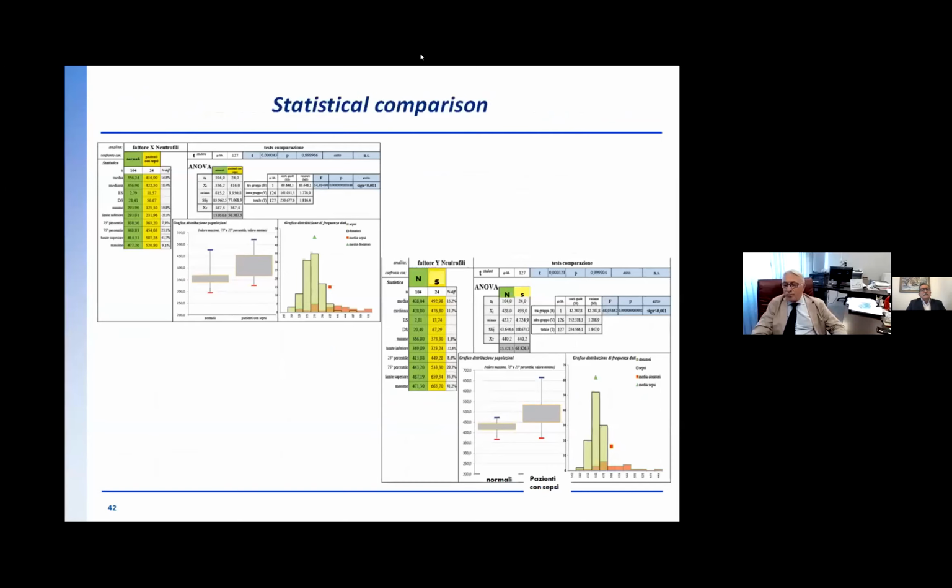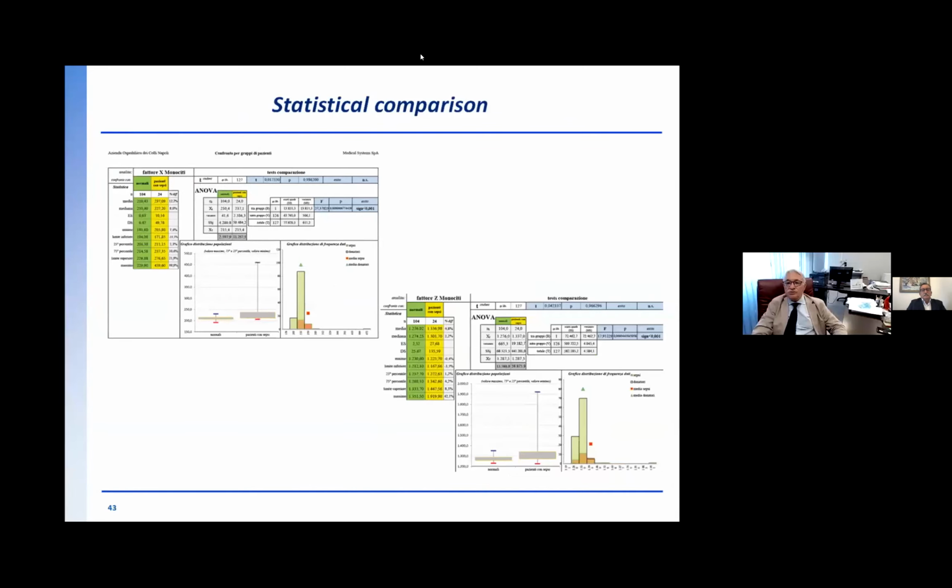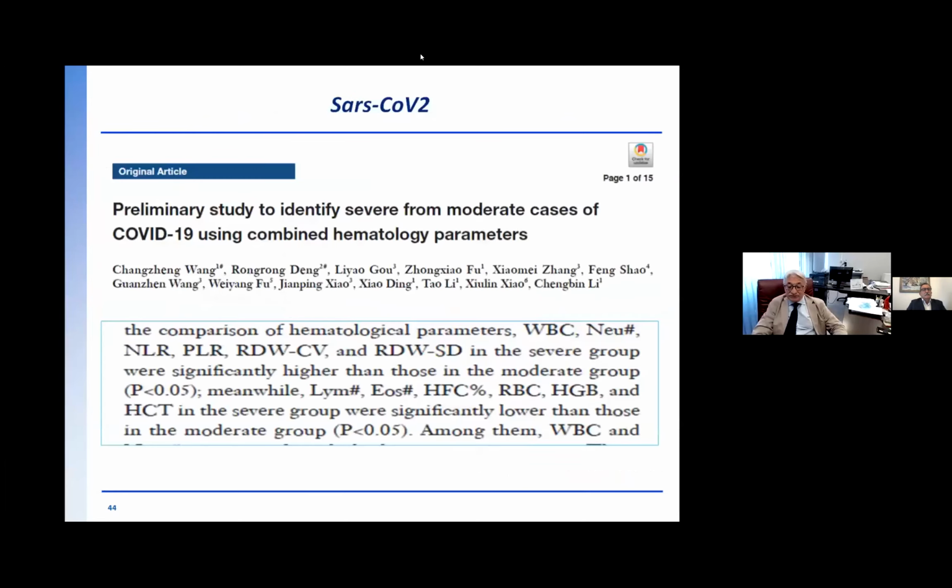This is a statistical comparison of what we observed, a big difference of the complexity of neutrophils between the donor population and sepsis population. So a statistical relevance of fluorescence of neutrophils in sepsis patients as against the normal subject, and the same for monocyte complexity concerning the dimension of monocytes in the population.